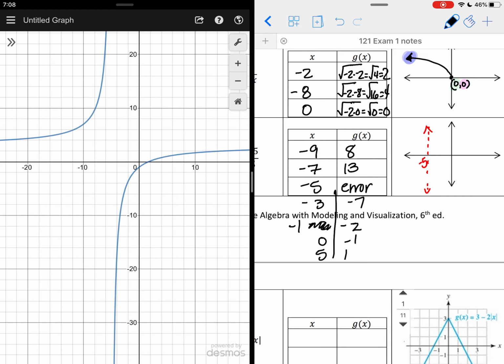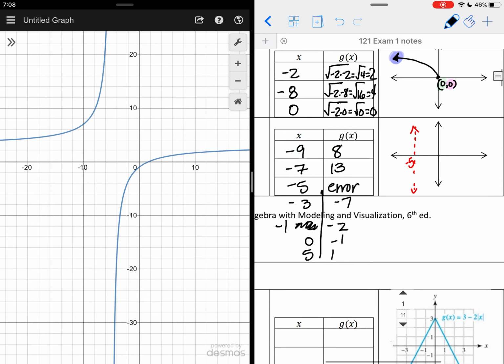So if I'm going to graph them, at -9, we have 8, so I can put 8 right here. And I'm just going to graph them. At -7, we have 13.